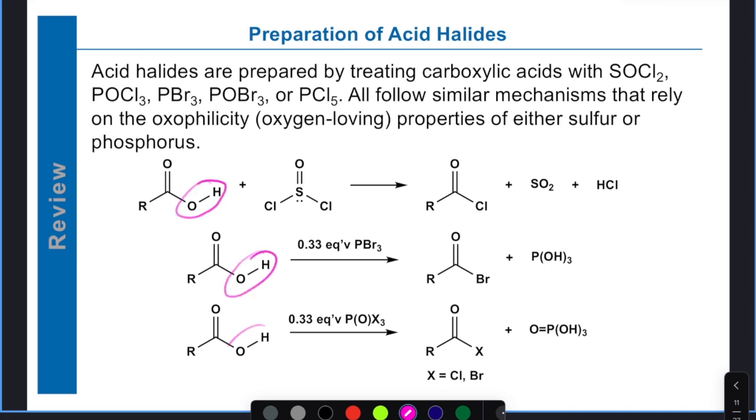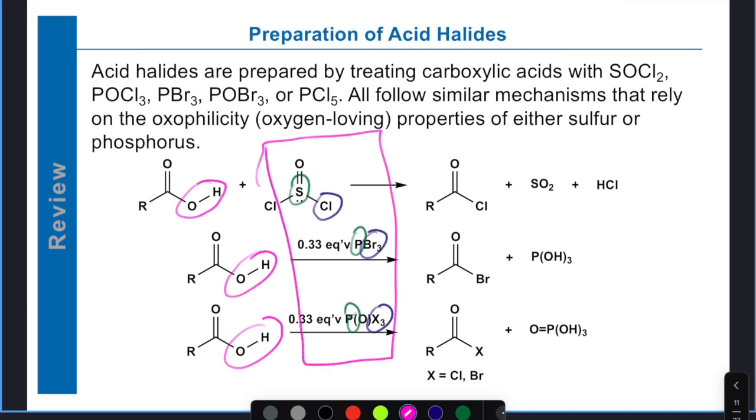We're using a reagent. Each reagent is going to have the halogen that we're hoping to put into the molecule, and usually there's some kind of either sulfur or phosphorus reagent. That thing's job is to grab onto the oxygen and leave with the oxygen. So the mechanism behind them is very similar. Each one of these reagents is kind of a package deal. Number one, all the reagents we're using here are very good electrophiles. They all contain a sulfur or phosphorus, and that thing's job is to grab onto the oxygen and pull it out.